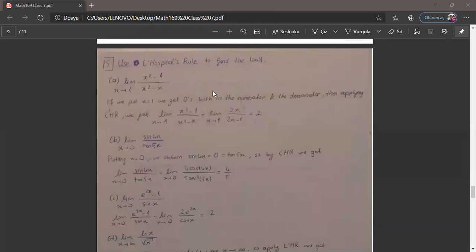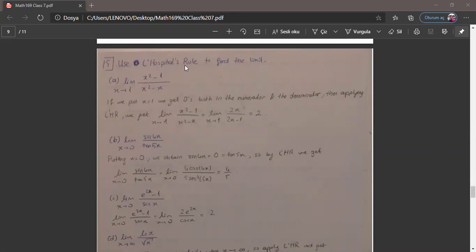Now we will use L'Hopital's rule to find the limits. We use this rule if both numerator and denominator approach infinity, or both approach 0, okay? Unless it's one of these cases, you cannot use L'Hopital's rule. So if you put x equals 1, here you get 0 in the numerator, and 1 minus 1 in the denominator, you get again 0.